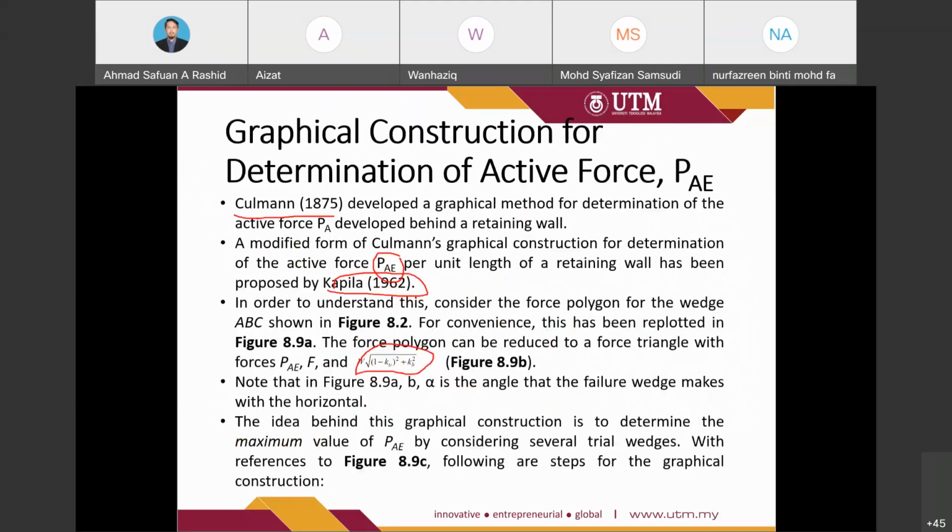The idea behind the graphical construction is to determine the maximum value of PAE by considering several trial wedges. With reference to figure 8.9c, the following are the steps for the graphical construction.